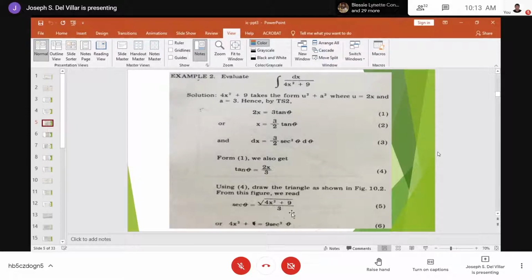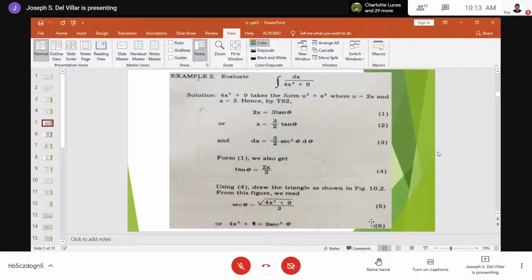Okay? So, multiplying both sides by 3 para matanggal yung denominator. So, magiging 3 secant theta is equal.